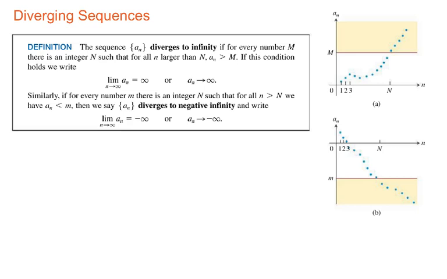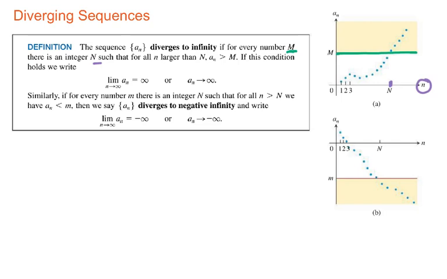Looking at the definition, the sequence a sub n diverges to infinity if for every number M, so here we have an M value, there is an integer N, over here, such that for all index values n which are larger than that chosen value N, the terms become greater than this number M. They're above that line.